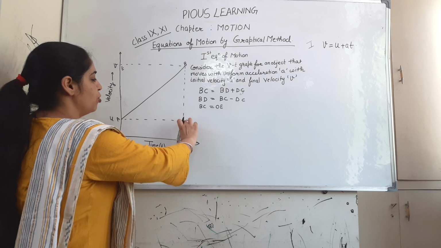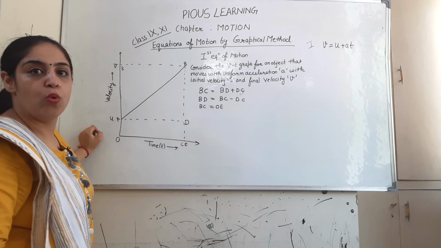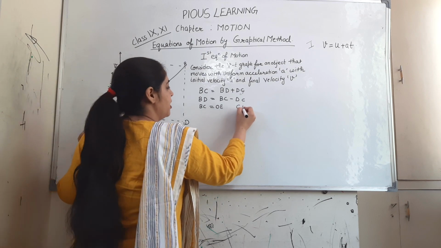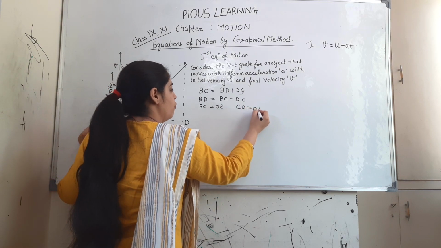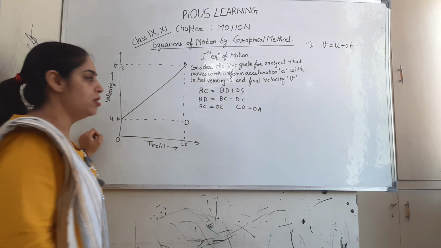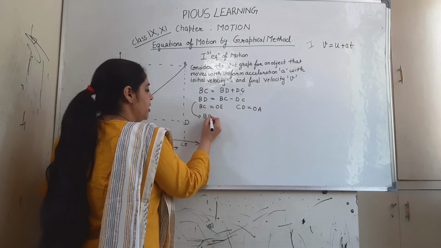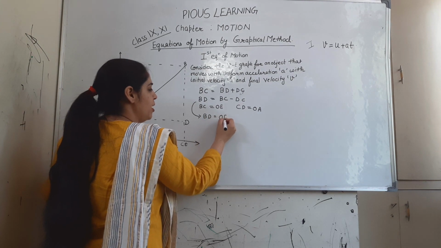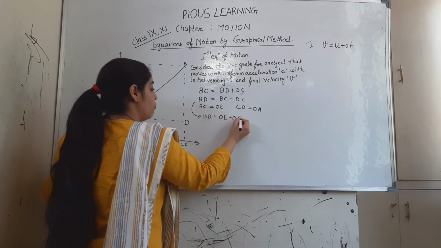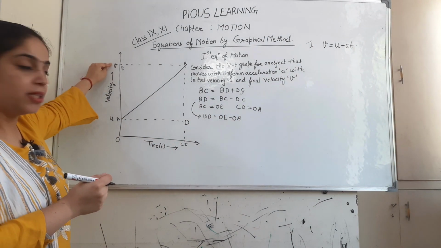Similarly, CD will also be the same as OA. Substituting both the values in this equation, what do you get? You get BD equals OE minus OA. What is OE? OE is the magnitude v, that is velocity v.